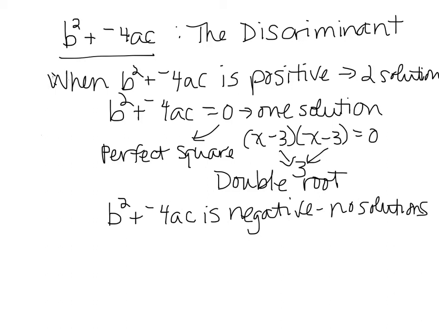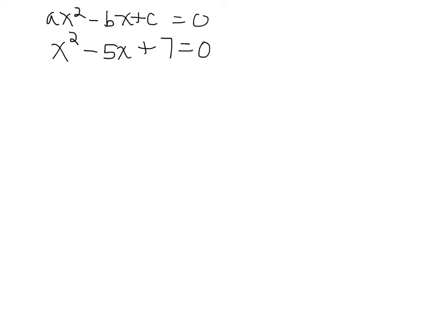So let's just do a few examples to look at how this plays out. The equation is x squared minus 5x plus 7 equals 0. Remember, we're talking about ax squared plus bx plus c equals 0. So just like before, I can say a is 1, b is negative 5, c is 7.